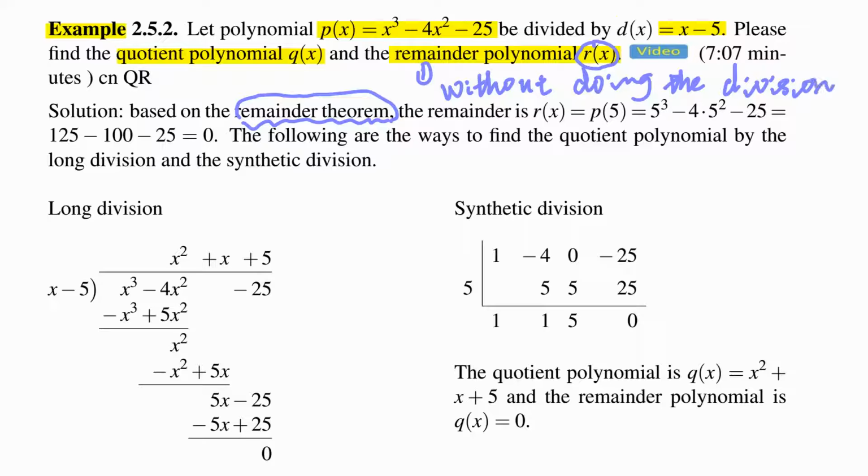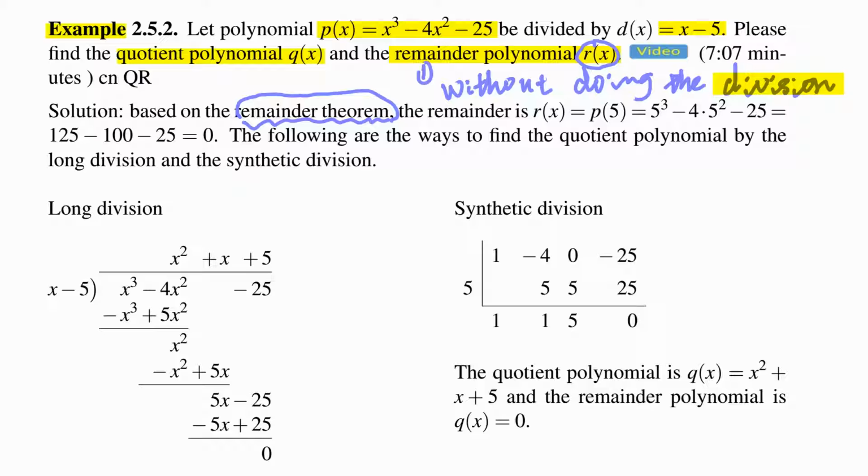So that's the very powerful point for the remainder theorem: we may find out the remainder without doing the division. It sounds impossible, but that's what the remainder theorem says.